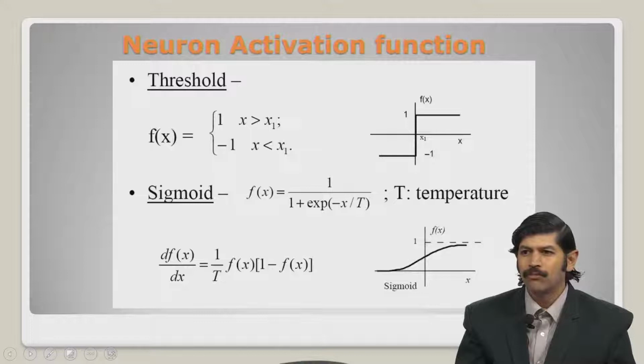So let us say we start this problem by selecting some random solution. Let us say we choose w1 equal to 1, w2 equal to 1 and theta equal to 1. So we start off with these initial values, and I want to find out whether it really works or not.